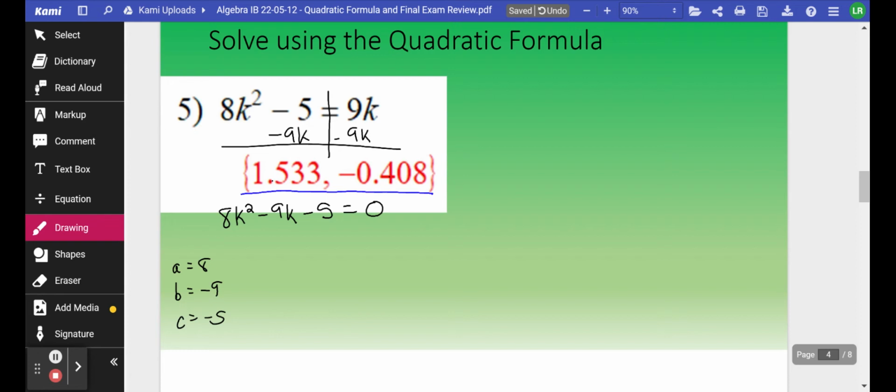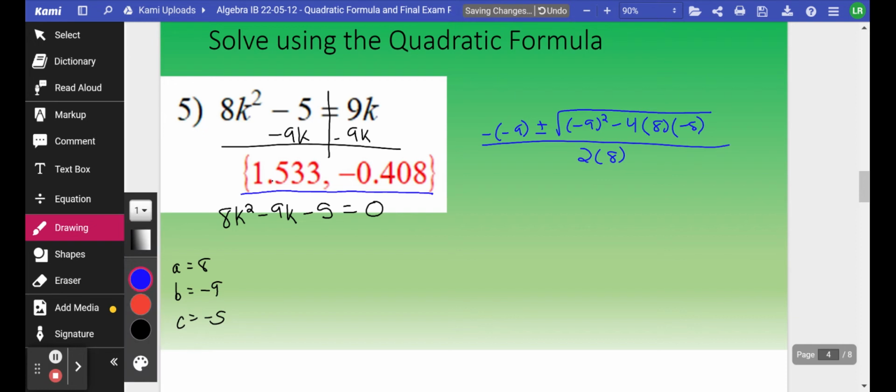Okay, now plug it into the formula. Negative of -9 plus or minus the square root of -9 squared minus 4 parentheses 8 parentheses -5, all over 2 times 8.